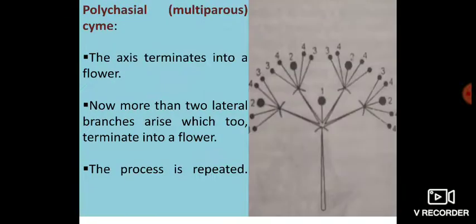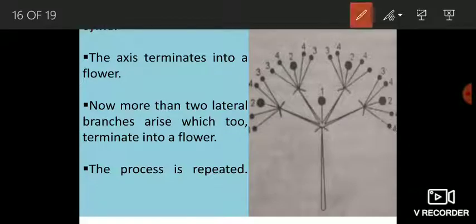Now we have the final type, which is known as polychasial cyme or multiparous cyme. In this type of cymose inflorescence, the main axis forms a flower, and below this flower a number of, more than two, lateral branches arise. Here you can see there are four lateral branches.